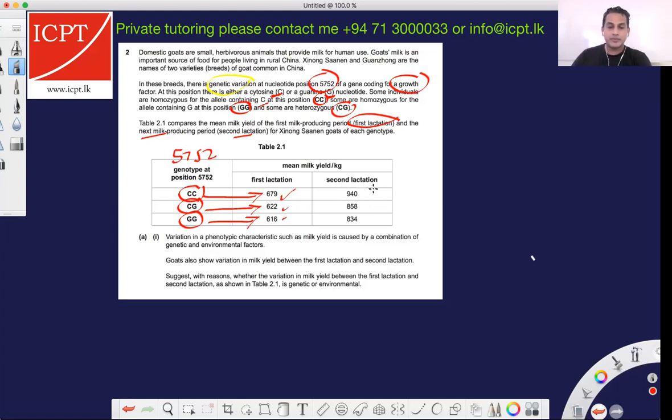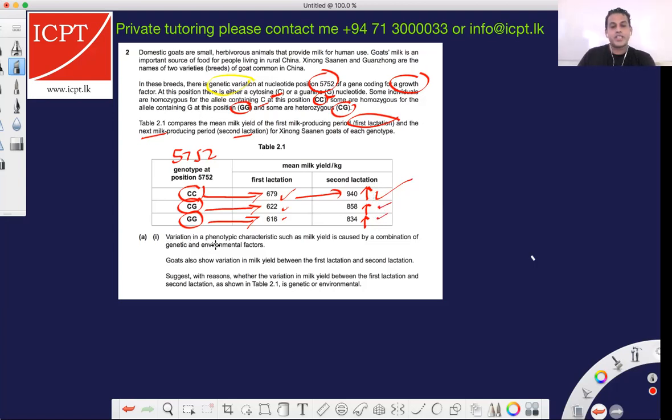So second lactation, this increased compared to the first lactation, and this increased compared to the first lactation, and this increased compared to the first lactation. Again, all these, this is the highest, and this is the second highest, and that's the lowest in this group.